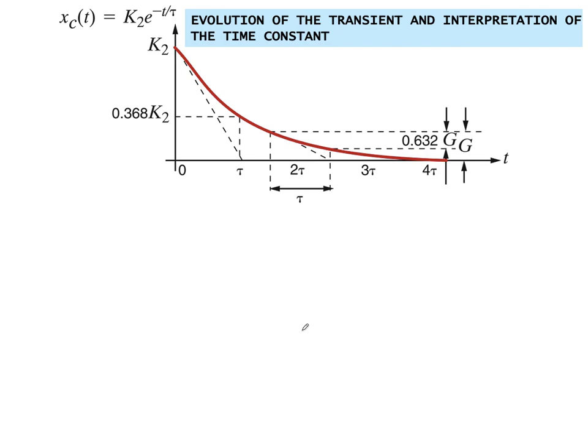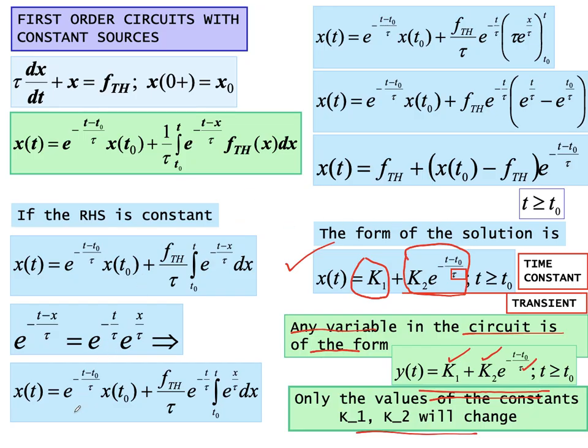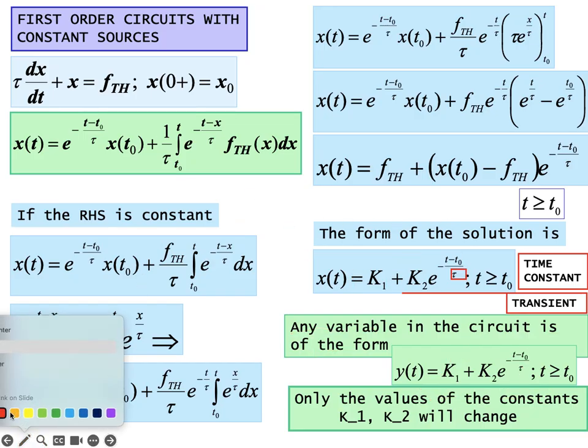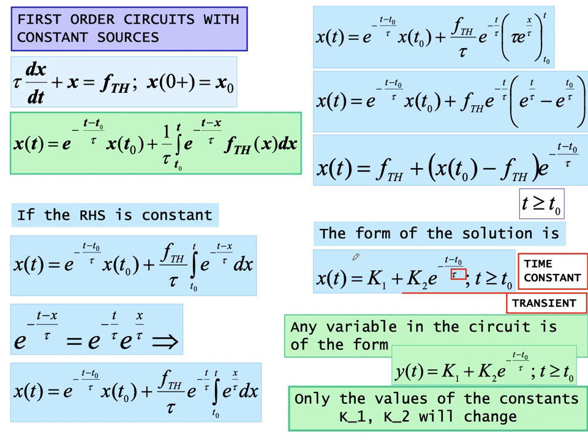So let's talk a little bit about the transient response, which is also known as the complementary solution. All the solutions that we will see will always be of this form: x of t will be equal to k1 plus k2 e raised to power minus t by tau. This is known as the particular solution, xp of t. This is because of the forcing function that you have over here.